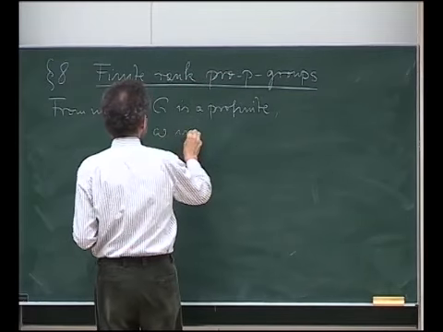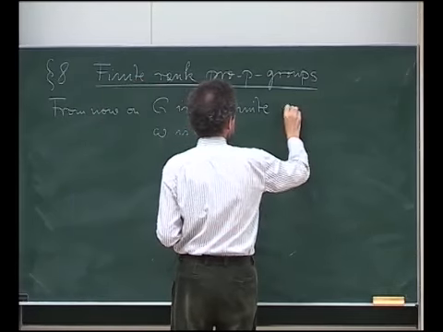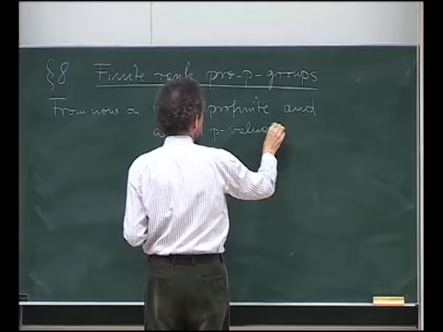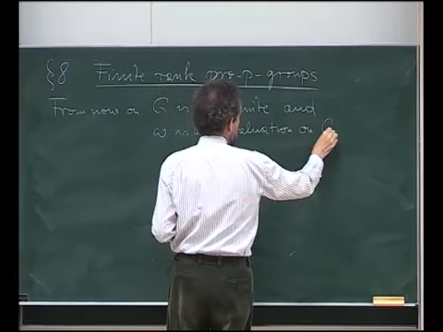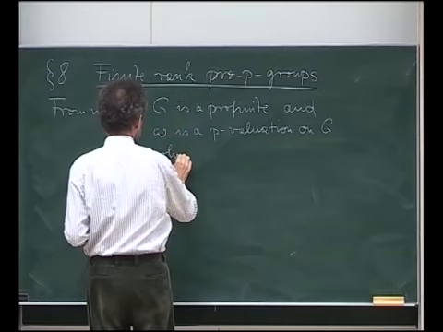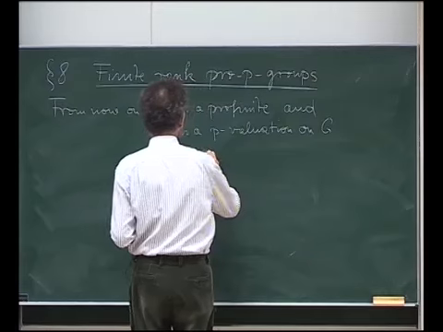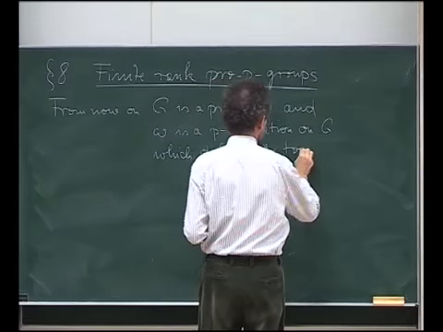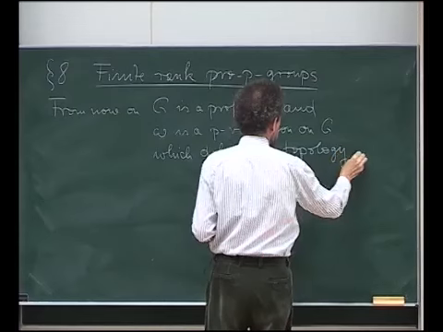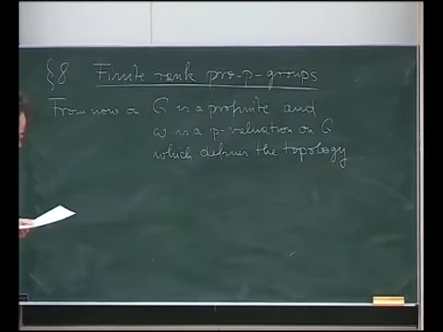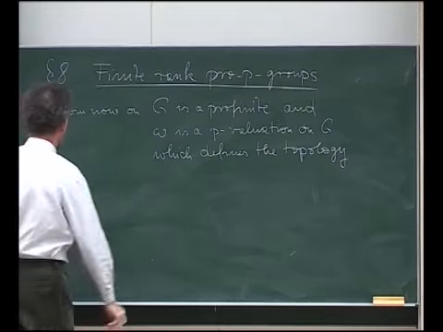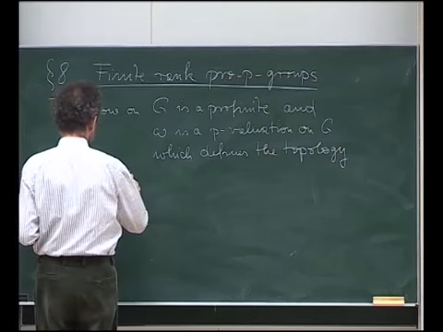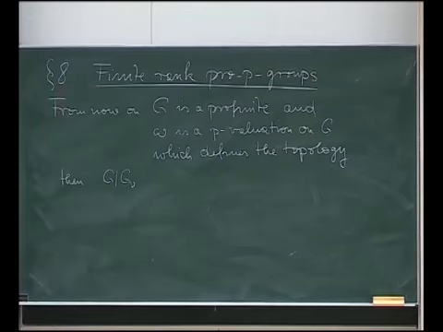So far it was an abstract group, but from now on we are interested only in profinite groups. And omega is a p-valuation on G, which I assume defines the topology. These are our assumptions, right?